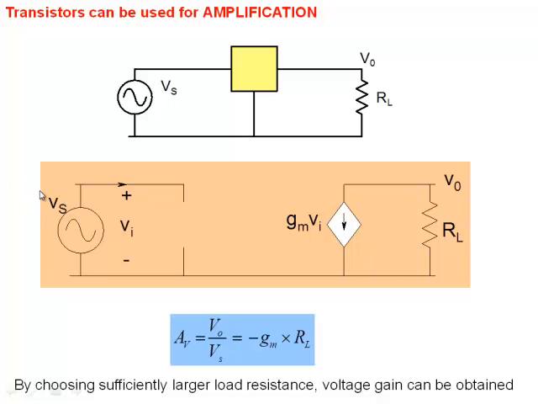Okay? But keep in mind, amplification is not simply voltage amplification. I can call something an amplifier if there is a power gain. Then only I can call an amplifier. All of you are familiar, if you take a transformer, I can feed in a small voltage, transformer can step it up, right? But I don't call it an amplifier. Why? Because there's no power gain. So to call something an amplifier, you have to have a power gain. Okay?